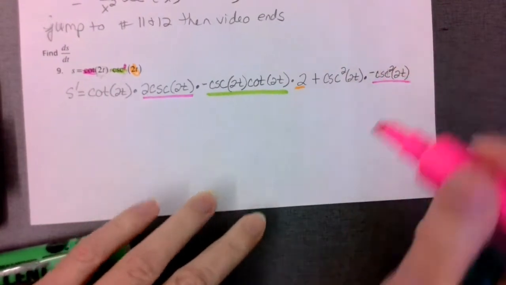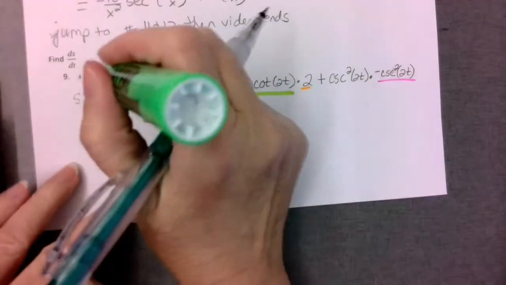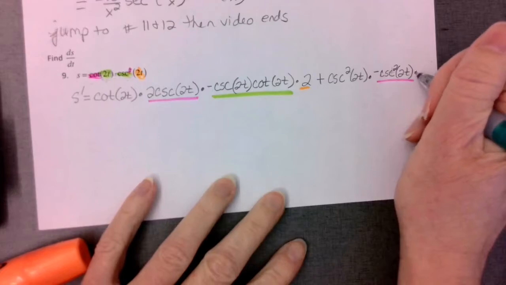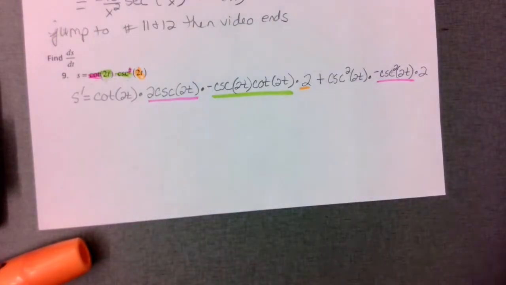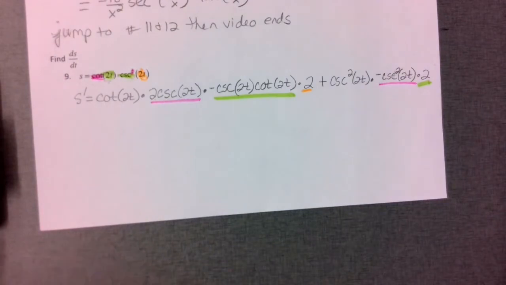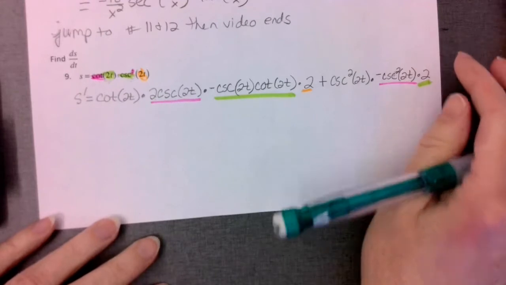So that's my derivative of the cotangent. Then I'm going to work my way in to get the 2t, and I'm going to say times 2 at the end to go with that last piece. Once everything is highlighted, you know you've taken the derivative of each of the pieces.